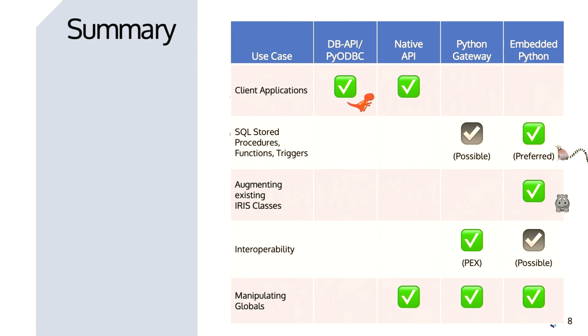And then finally, if you're solely manipulating globals, you have lots of options. Basically, you can do it anywhere except, obviously, through a relational API. You can't use globals in a relational API, but you could use embedded Python, native API, or Python Gateway for that. Which one you use would probably depend on how close you want the data to the code.